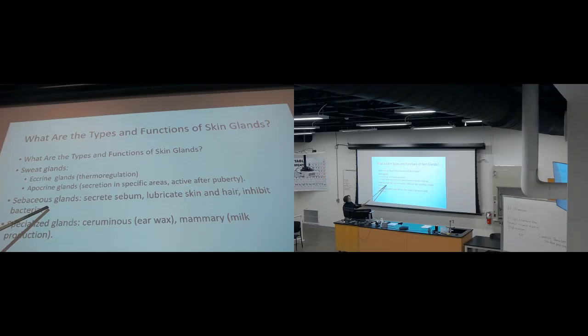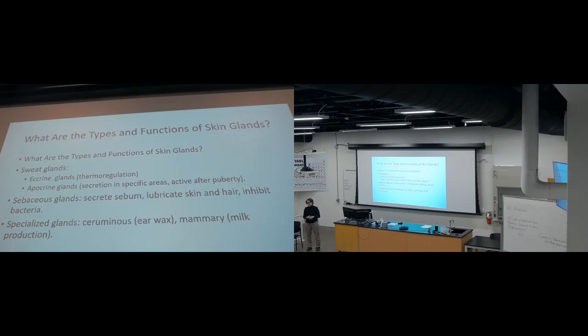Now, for the sebaceous glands, when they secrete the sebum, or the oily secretion, it's not only to lubricate the skin and the hair. But also, the fatty acids from the sebum decrease the pH, which basically means more acidity, and that acidity kills microorganisms.